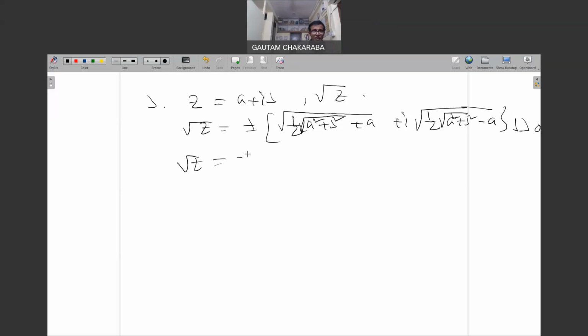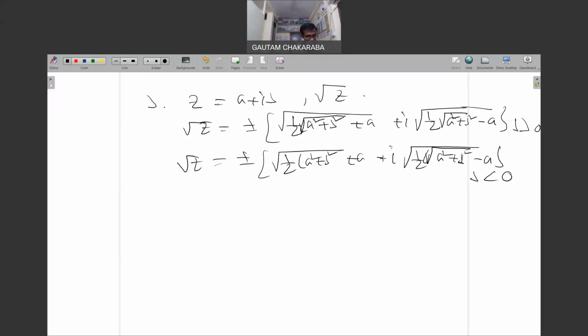And another way, when B is less than 0, then root of half under root A squared plus B squared plus A minus I under root, same as previous, half under root A squared plus B squared minus A. If B is less than 0, then change the sign of iota.